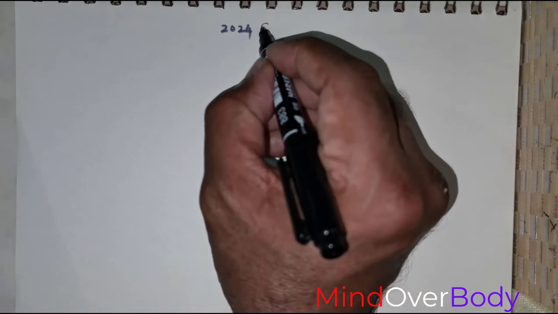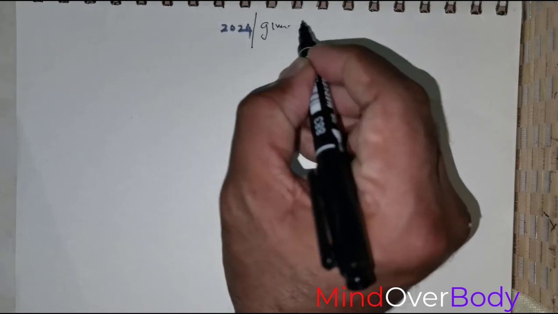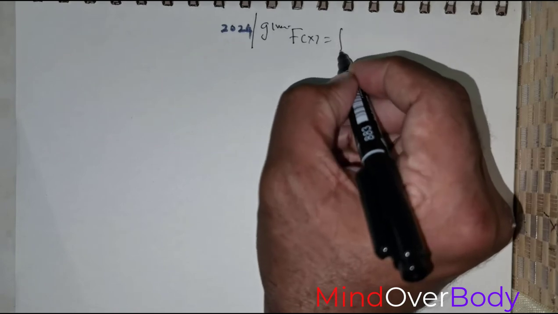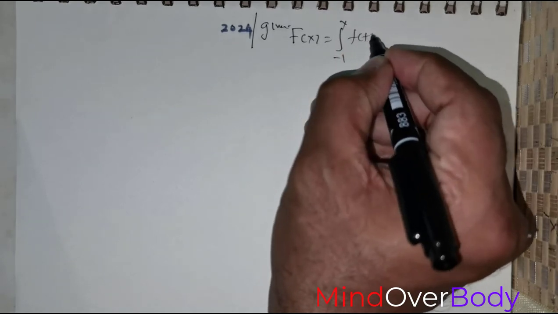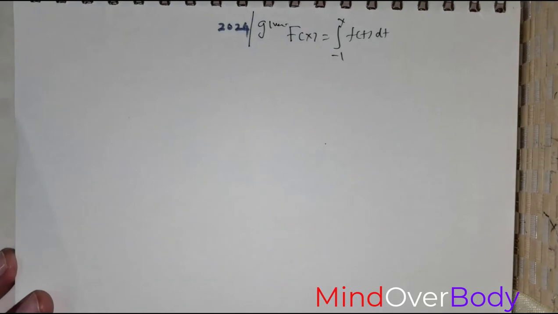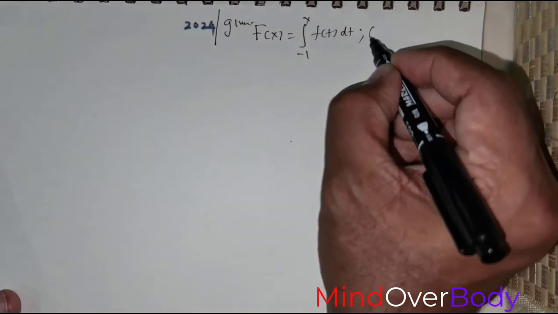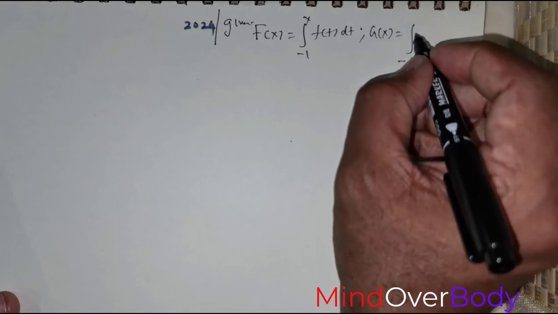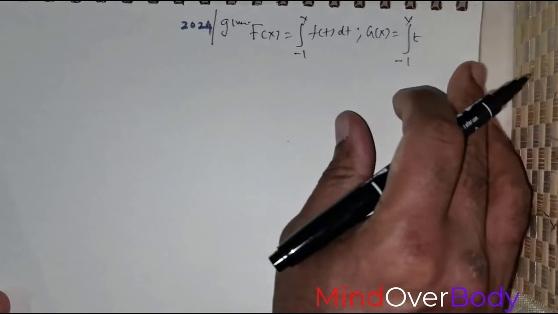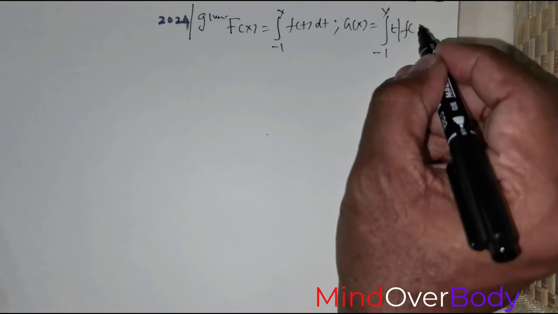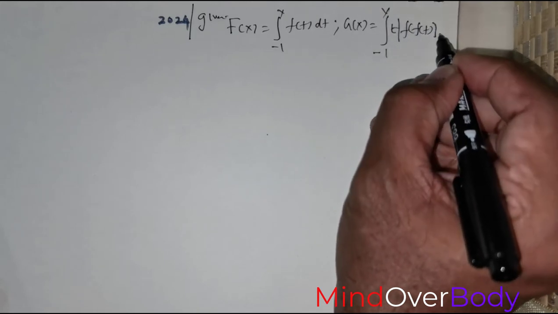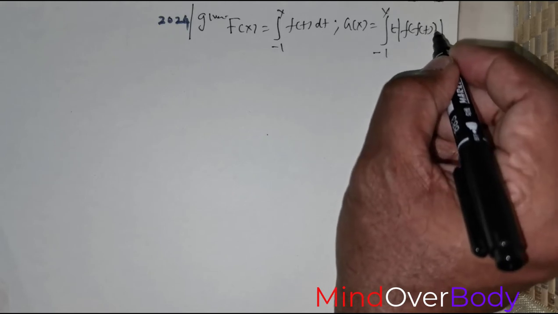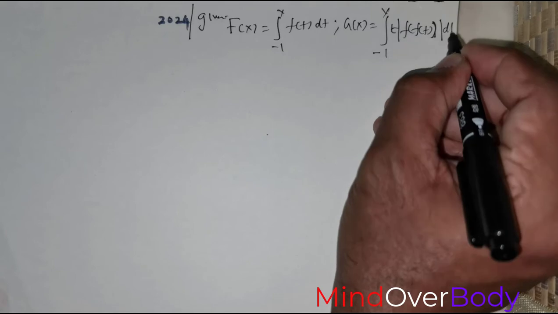Right? So given capital F of x is equal to integral negative 1 to x f of t dt, right, and capital G of x is equal to integral negative 1 to x t times modulus f of t times dt.